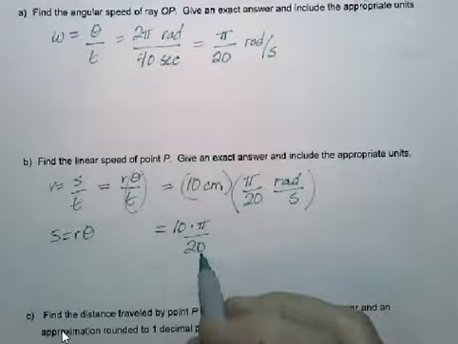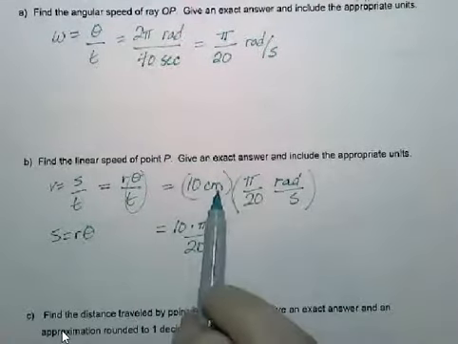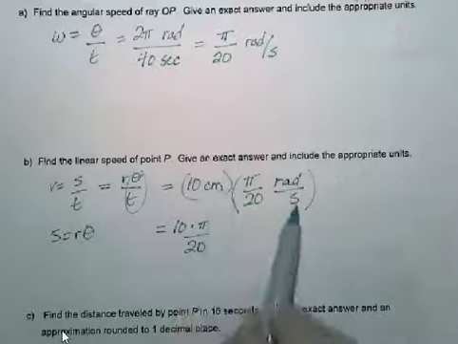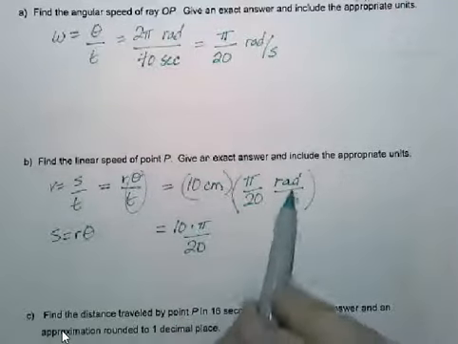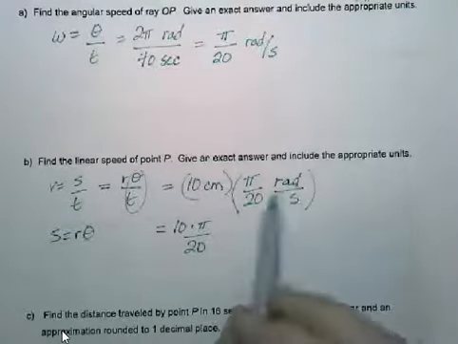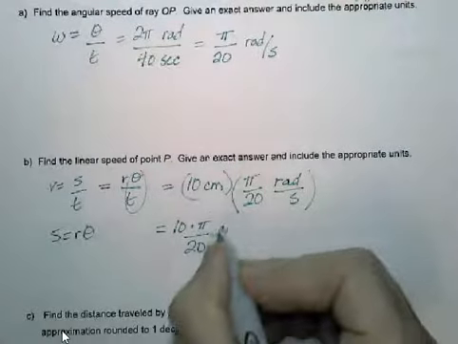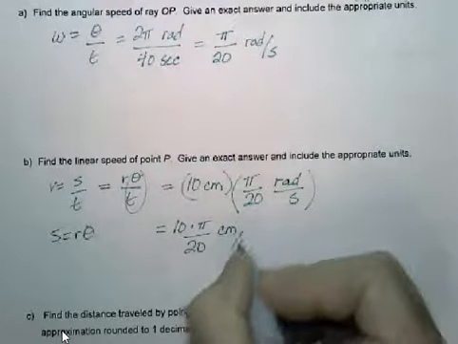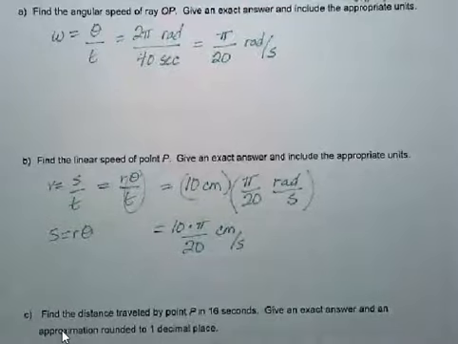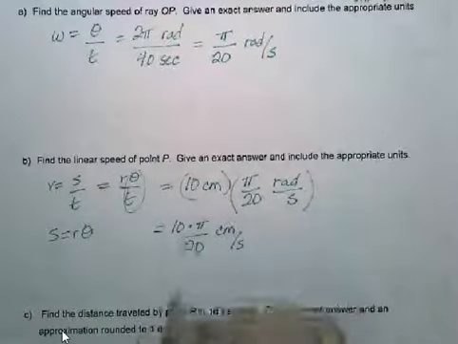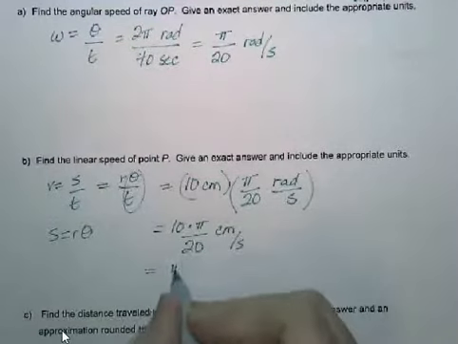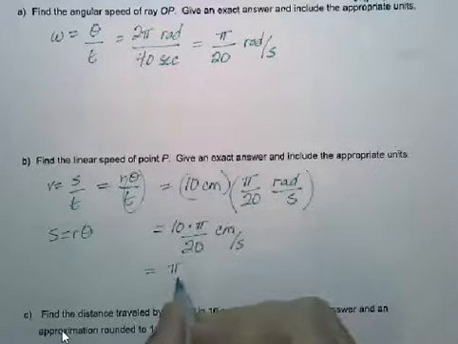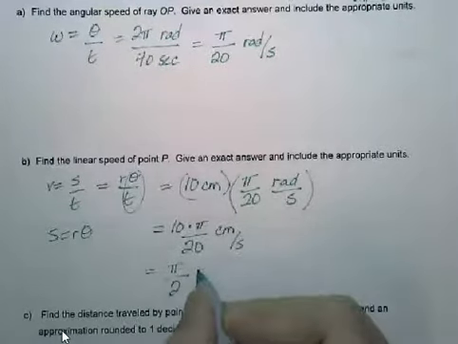We can simplify that part. For the units, we're going to keep the centimeters and the seconds. Remember that radians isn't a unit like other ones, so we can actually just leave off the radians and get centimeters per second for our units. And if we simplify this a little bit and cancel out a 10, we actually get pi over 2.